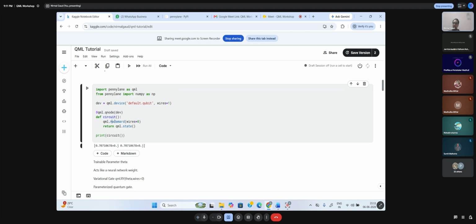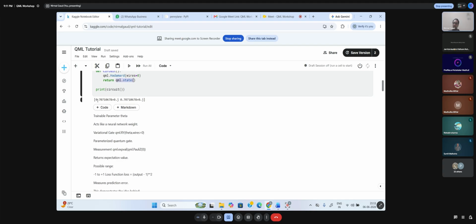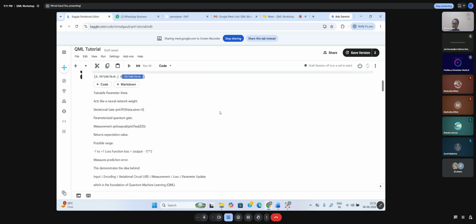I am taking Hadamard, and wire 0 I am taking input as 0. Then I need to return the state, and the answers are coming to be 0.7 plus 0j, 0.7 plus 0j. That means what we are doing, we are taking a trainable parameter theta, that will act as a neural network weight.